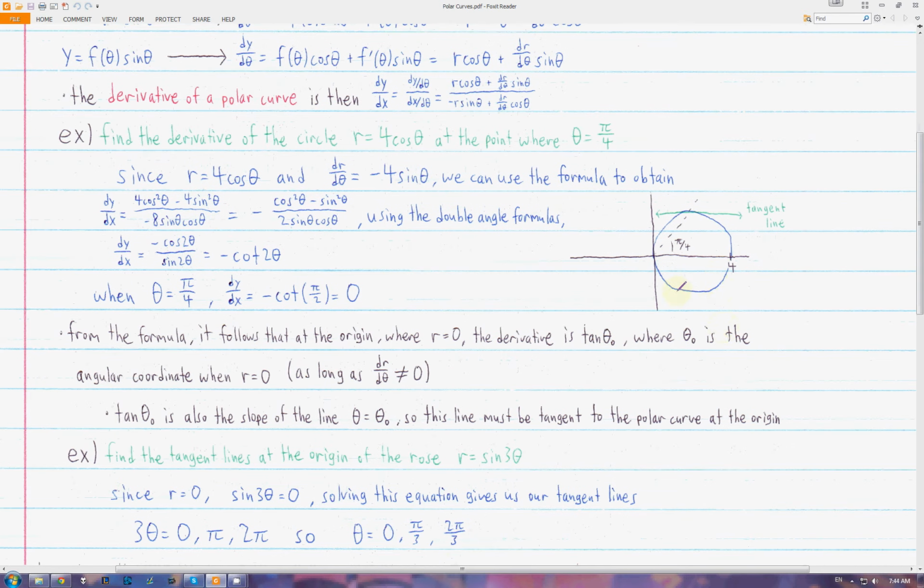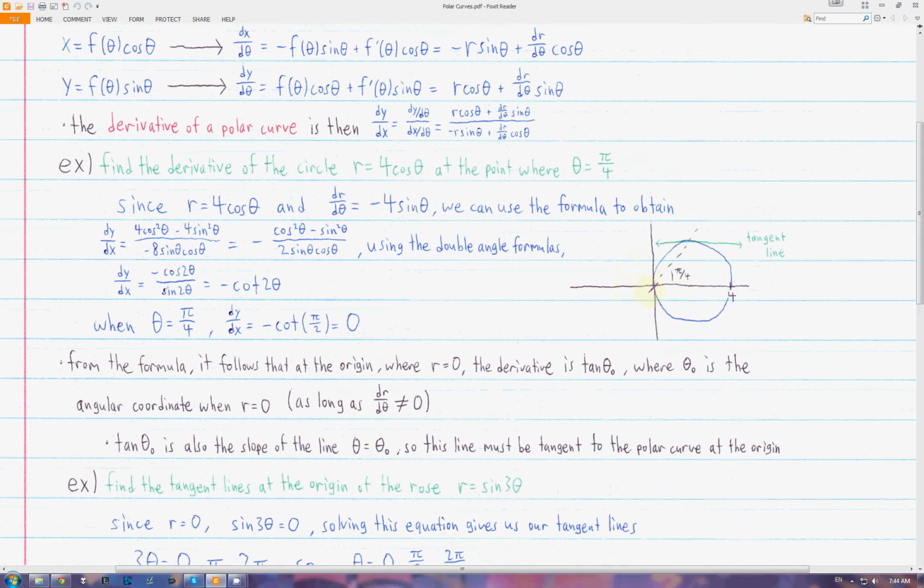Now if we want to find the tangent line that crosses through the origin, we can use a little shortcut. So at the origin, r is equal to 0. So in our formula, these first terms will cancel out because r is 0. And then after that, these dr/d thetas will also cancel out.